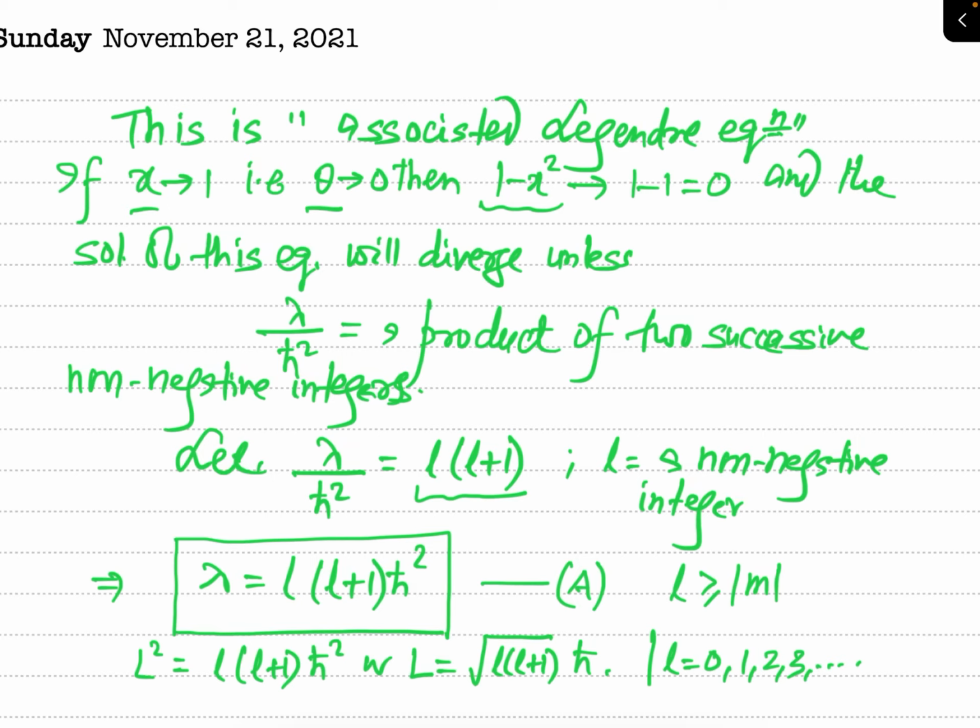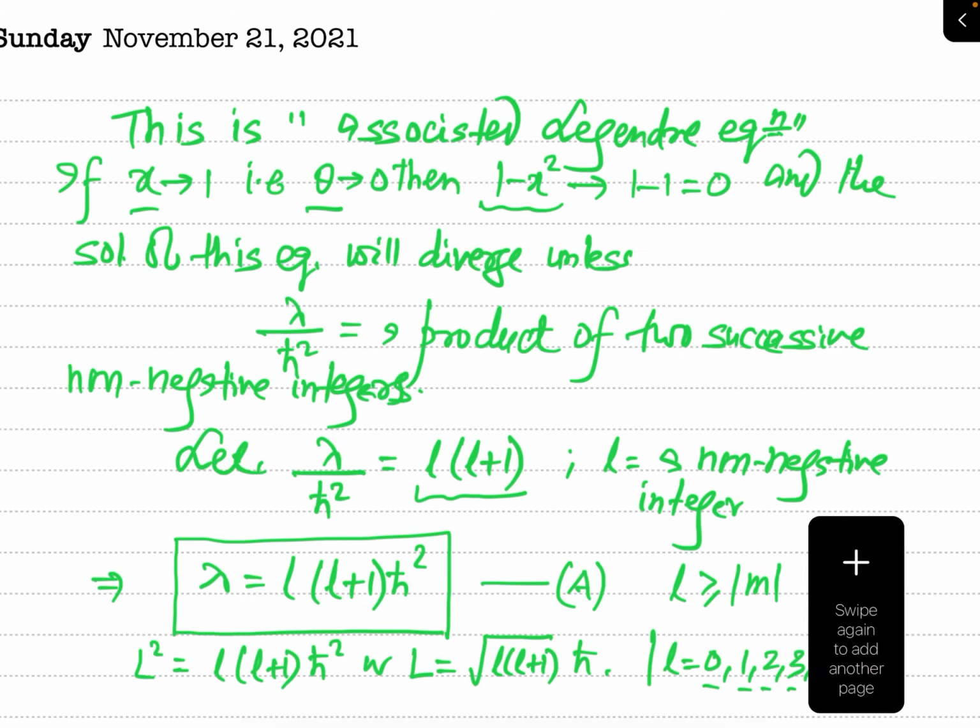So by substituting the different values of L, you can find the eigenvalues of the operator L square. By substituting L equal to 0, 1, 2, 3 and so on, you can write its different eigenvalues.